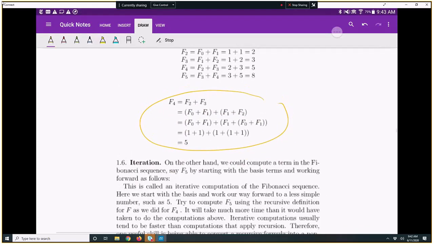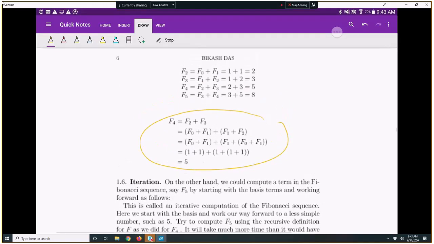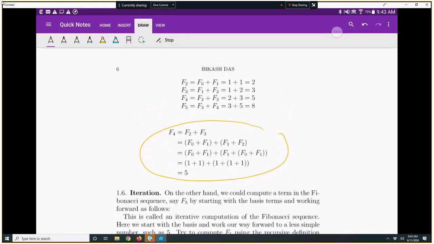On the other hand, we could compute a term in the Fibonacci sequence by starting with the basis and moving forward. And so that's what you see here. We start with f2, we know is equal to f0 plus f1. That's 1 plus 1 is 2.